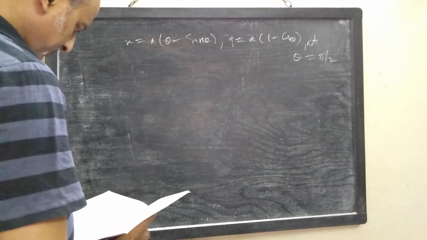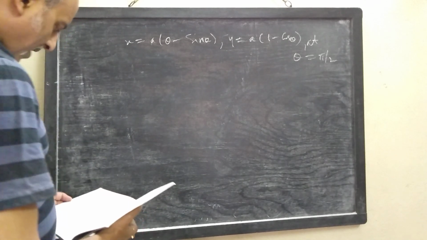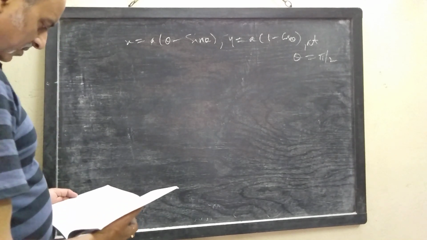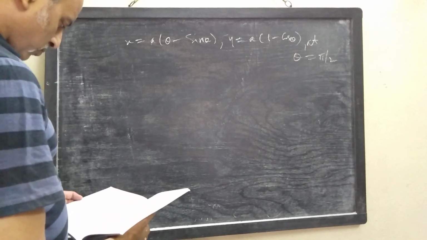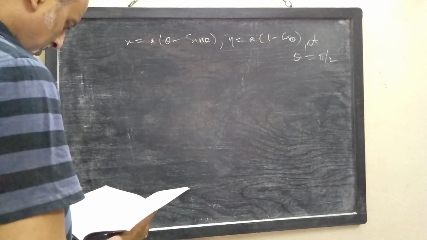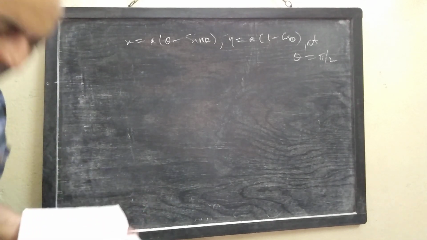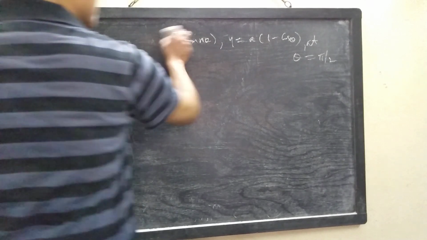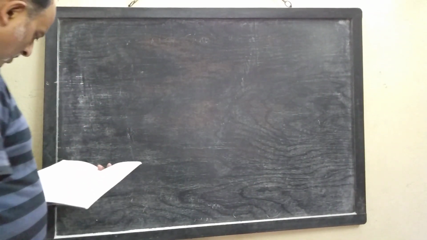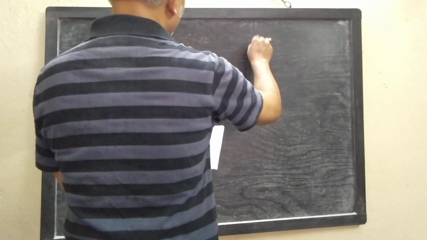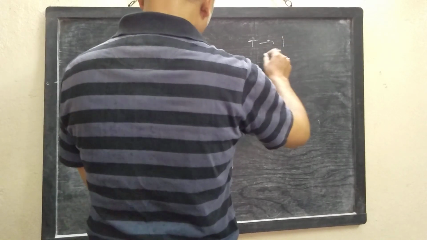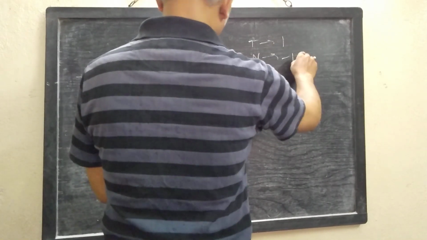Next question: find the values of a and b if the slope of the tangent to the curve at the point is 2. Similar type but somewhat different. The answer of the previous question was: slope of tangent is 1 and slope of normal is minus 1.